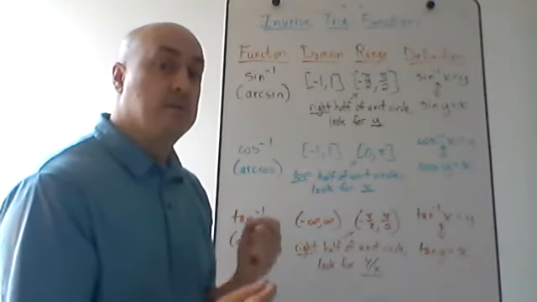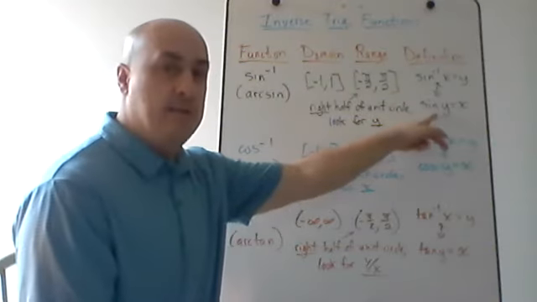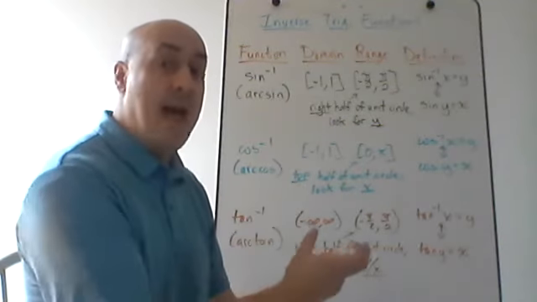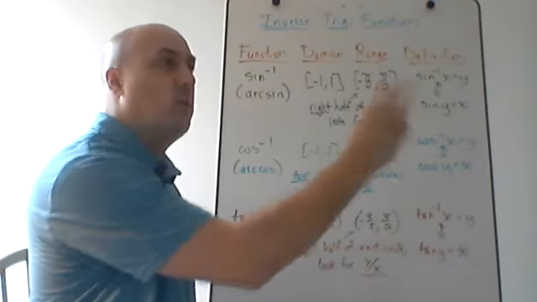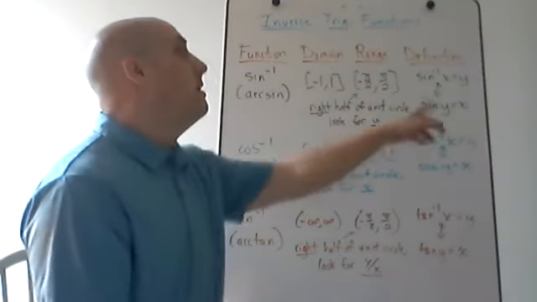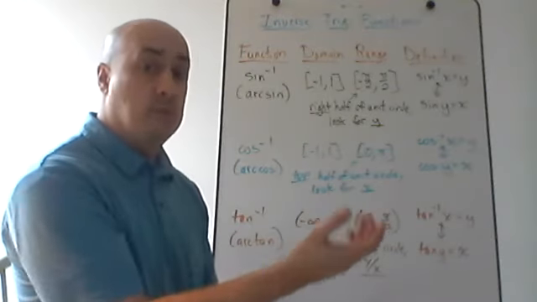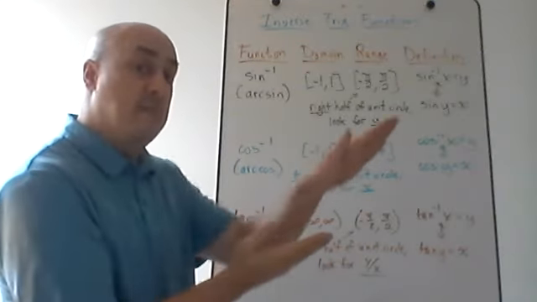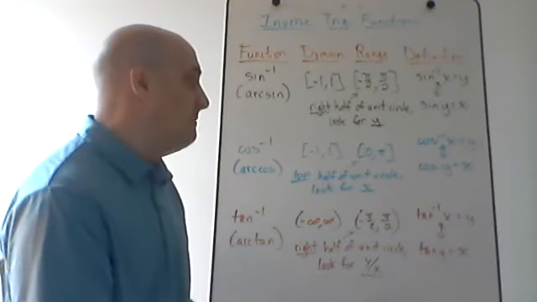Remember, inverse functions switch the inputs and outputs. Normally for the sine function, I'm given an angle, and I have to figure out, if I put that angle on the unit circle, what's the y-coordinate of my terminal point? Well, for the inverse sine function, they're giving me the y-coordinate of the terminal point, and I have to figure out what angle is going to give me that terminal point. All right, so that's a quick summary of the inverse sine function.